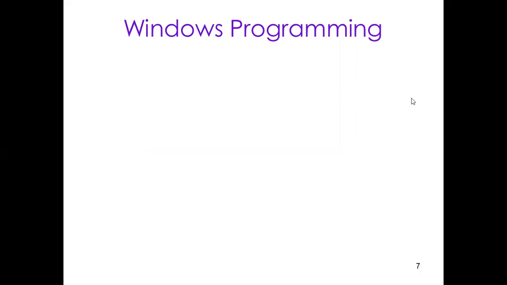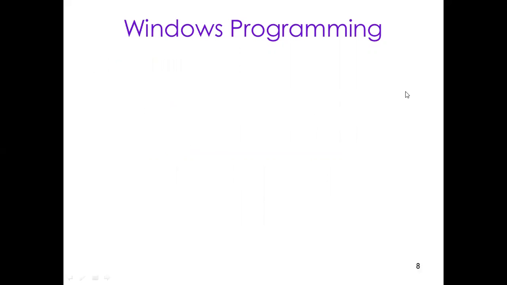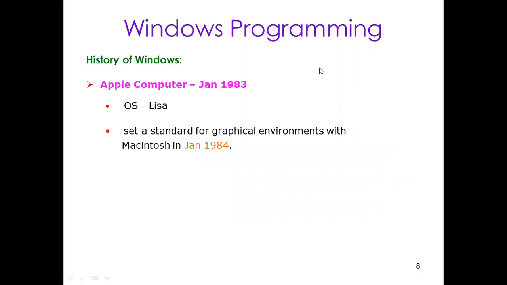So the next version of Windows was designed by Apple, which is known as Apple computers. It was designed in January 1983.